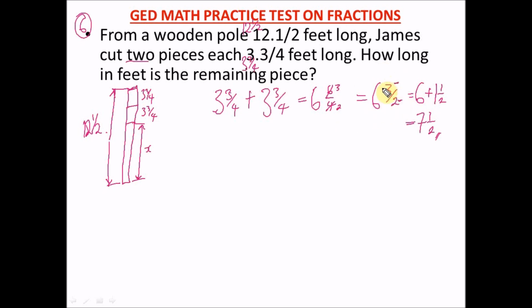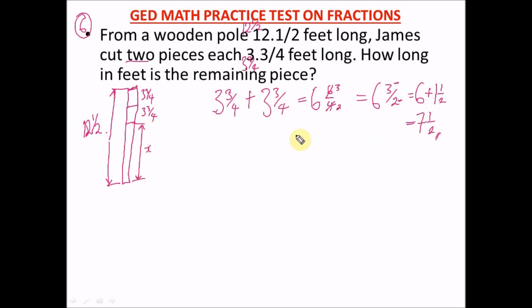Because if you see here, nothing else can cancel out. So you have to convert this to a mixed fraction, and in converting, 2 would go into 3 1 whole time, and the remainder will be 1/2. So that's why we have to add this 1 to 6. Then we put our 1/2 beside 7. So the addition of this is 7 1/2.